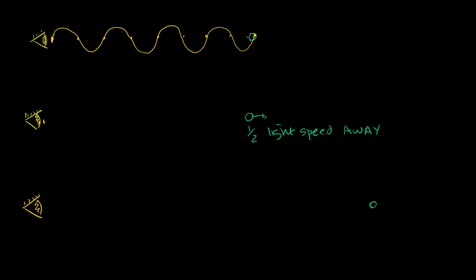But they started emitting the light at the same time. So that very first photon, if you view light as a particle, will reach my eye at the very same time as the very first photon from this guy. So the waveform is going to essentially be stretched. We're still going to have 1, 2, 3, 4 full wavelengths, but they'll now be stretched. So let me see if I can draw 4 full wavelengths.